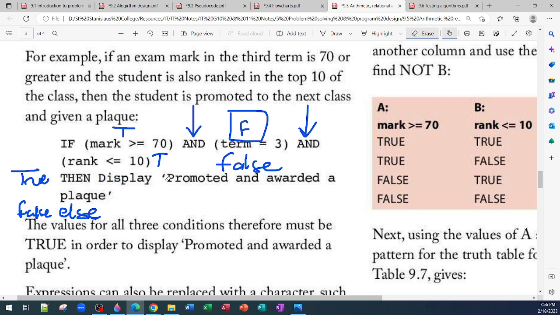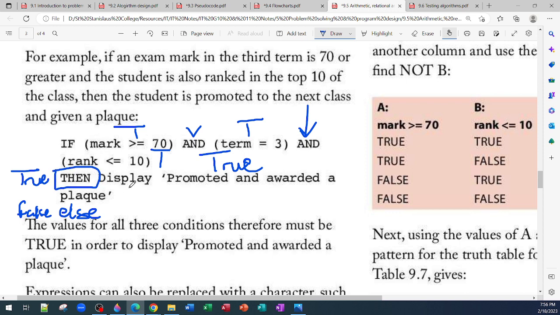So if this was true, mark is greater than 70, and the term is equal to 3, and the person did get a rank less than 10, then the result of that operator is going to be true because all of these tests here are true. So what's going to happen next is that we're going to go to this THEN part here. We're going to display, promoted, and awarded a plaque.